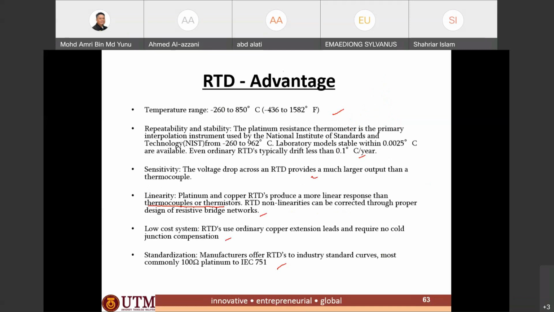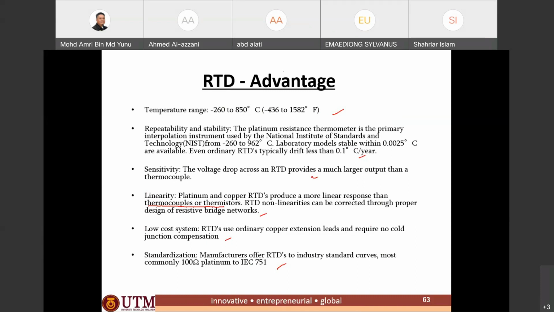So these are the list of the advantages. The temperature range can be from below minus 260 degrees Celsius to 850 degrees Celsius. Good repeatability and stability, and the sensitivity can be much larger than a thermocouple, but less than a thermistor.